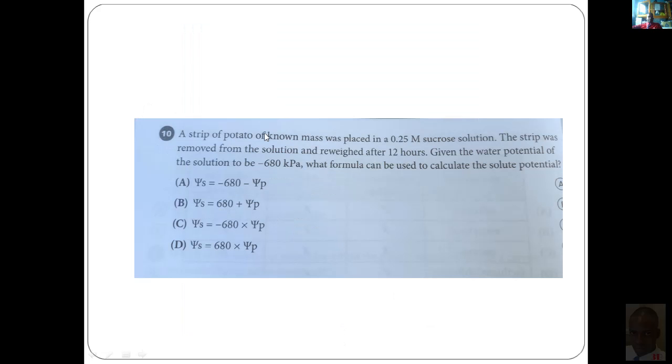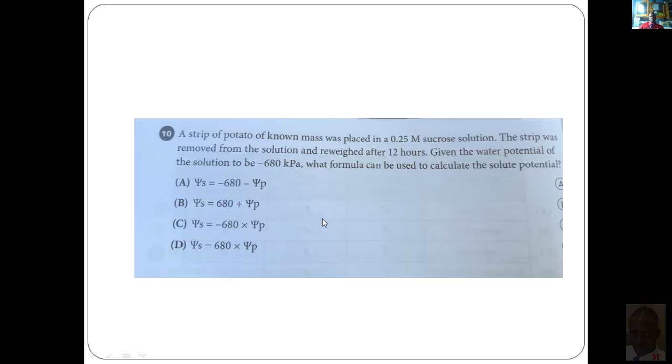So final question. A strip of potato of known mass was placed in a 0.25 molar sucrose solution. The strip was removed from the solution and reweighed after 12 hours. Given the water potential of the solution to be negative 680 kilopascals.